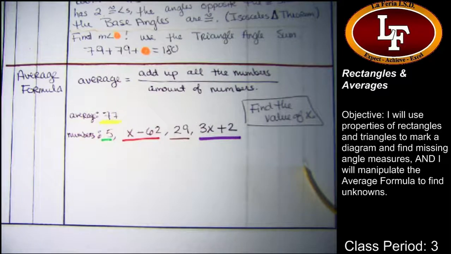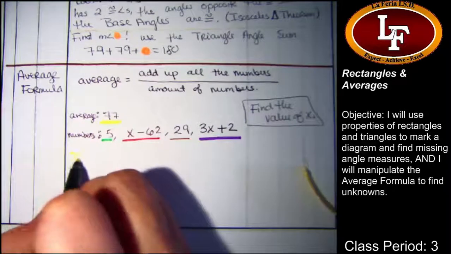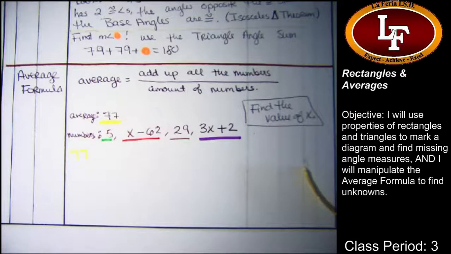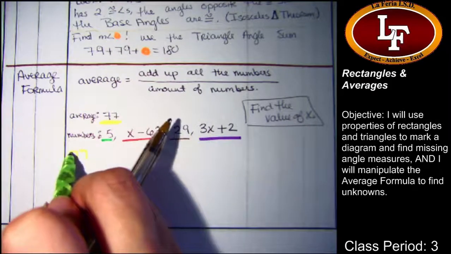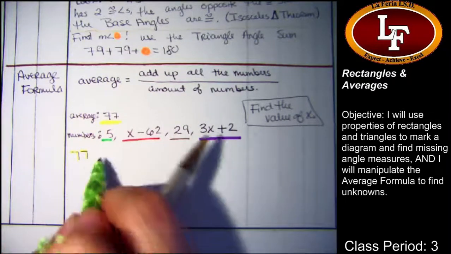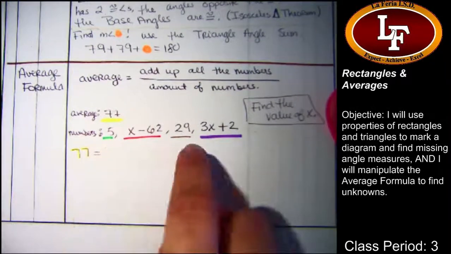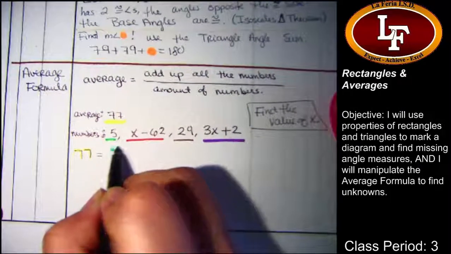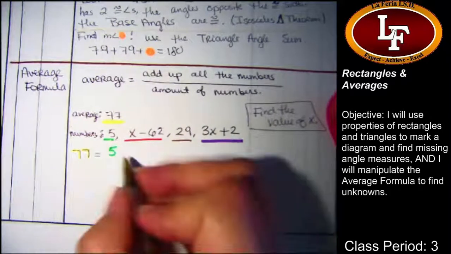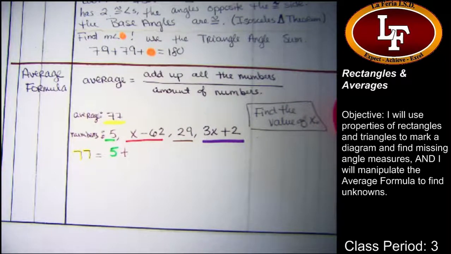All right, so the average, 77. I'm glad it's showing up well over there because it does not look good at all up here. So 77 equals, add up all of these. Don't think.